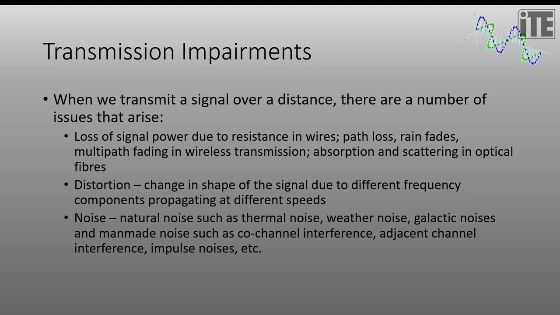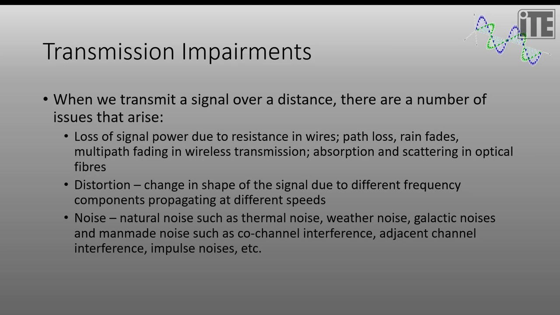And this can be due to resistance if we're using wires, path loss if we're using free space wireless transmission, rain fades, multipath fading, and if we're using optic fibres, then we can also get loss of signal power due to absorption and or scattering. So that's the first thing that we need to worry about: loss of signal power.